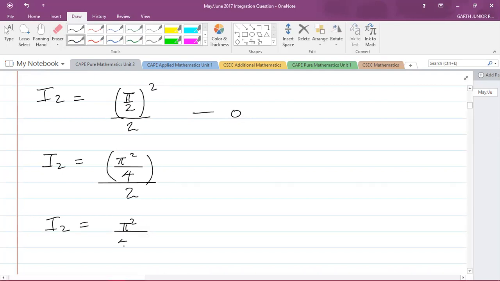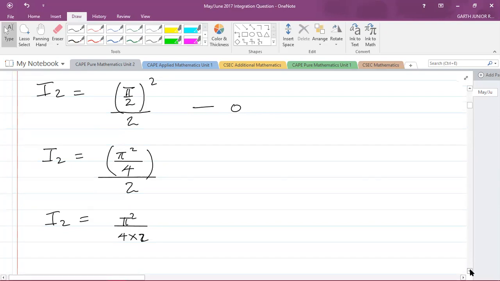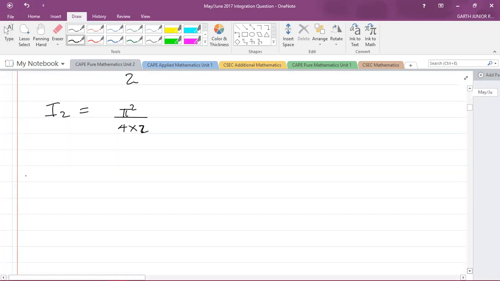All right? Pi squared divided by 4 times 2. Okay? Good. So I can now say that I2 is equal to pi squared divided by 8, right? Pi squared divided by 8 radians.